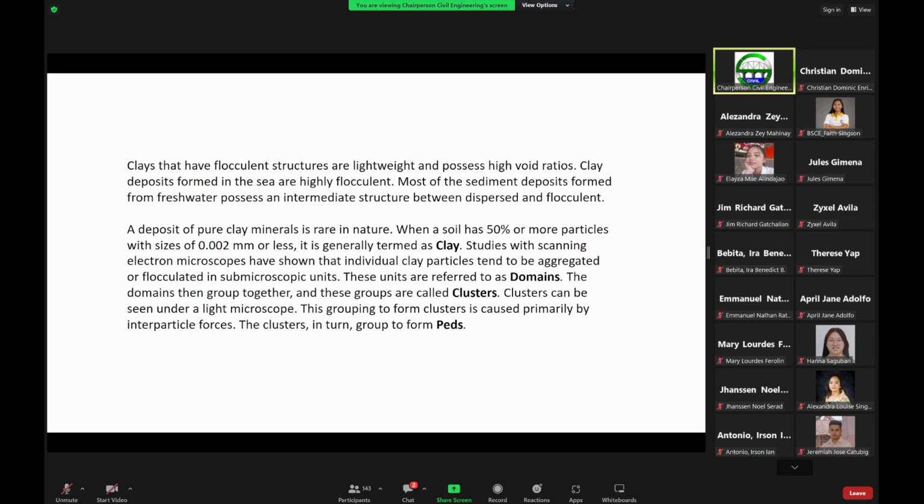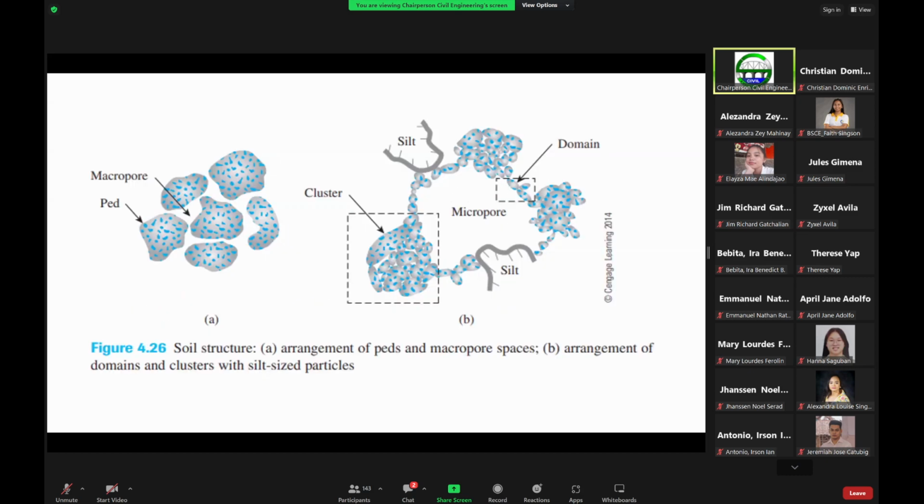So, to have an illustration of that, we have here a soil structure for cohesive soils. Sorry, in this case, for silt-size particles. Here you have the arrangement of the peds. Between them are the macropores, the voids between them. And then here again you have the silt-size particles.